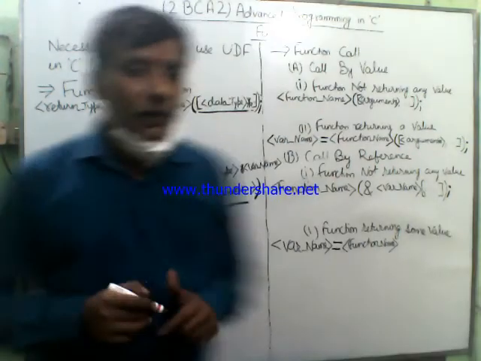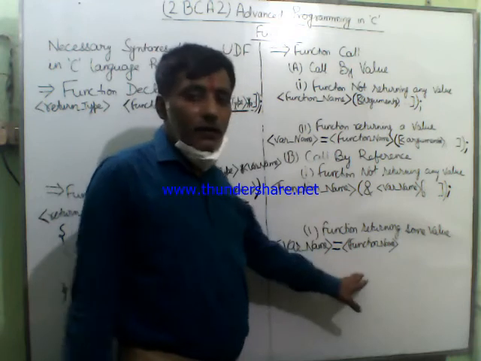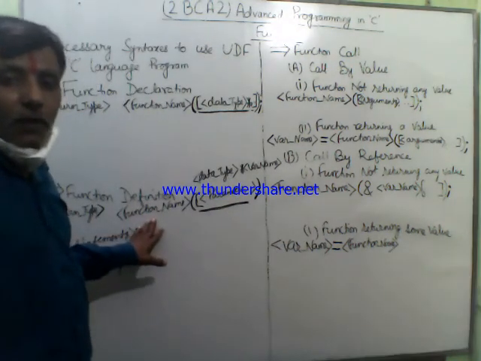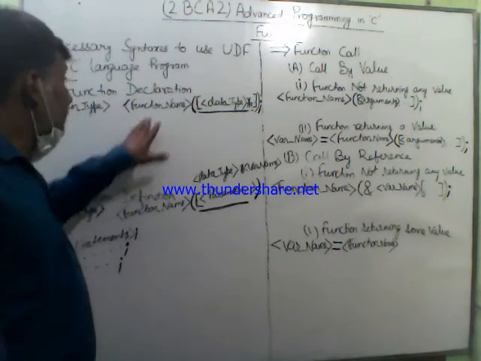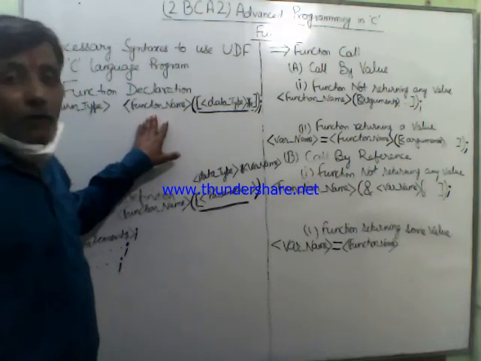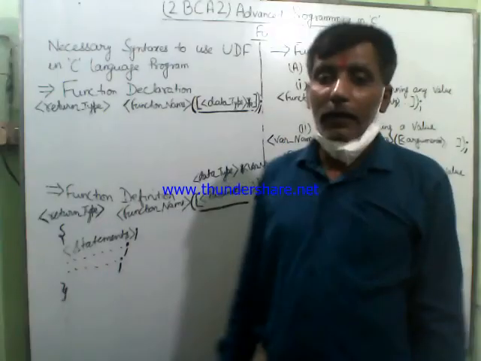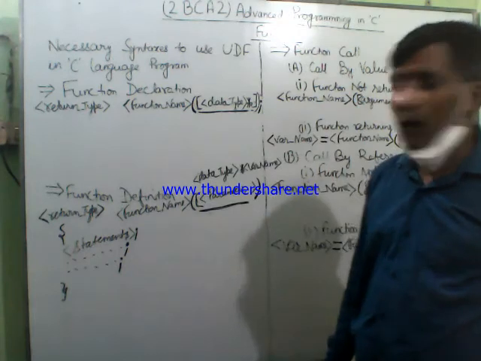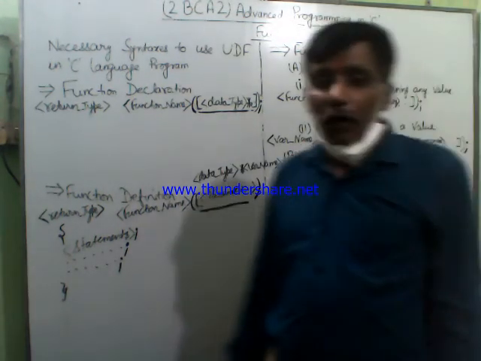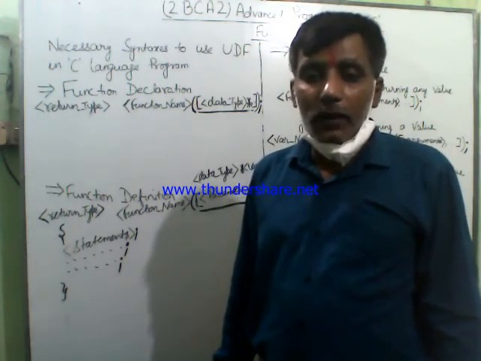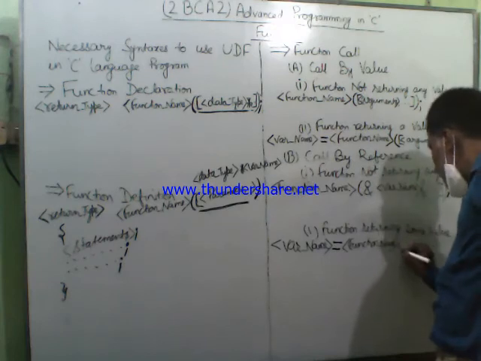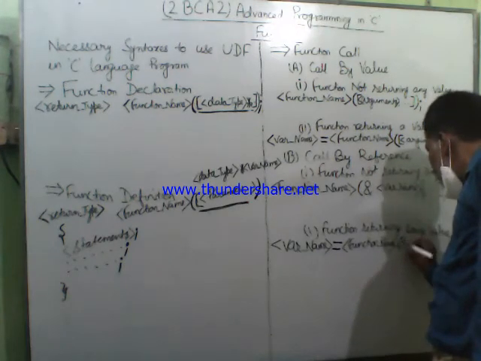Remember, the function name that you are going to write here should match with the function name that you have written at the time of function definition, and should match with the function name that you have written at the time of function declaration in the program. Now, after writing the function name, since you are going to call your user-defined function by using the call by reference method, you have to pass the address of a variable.